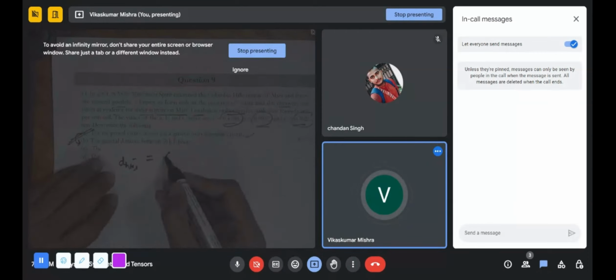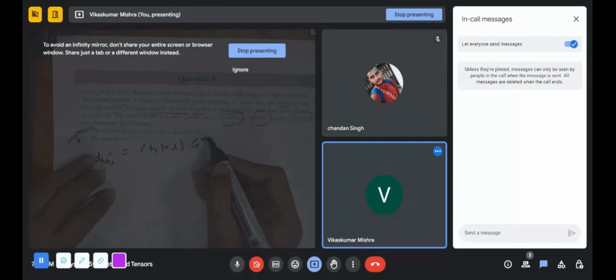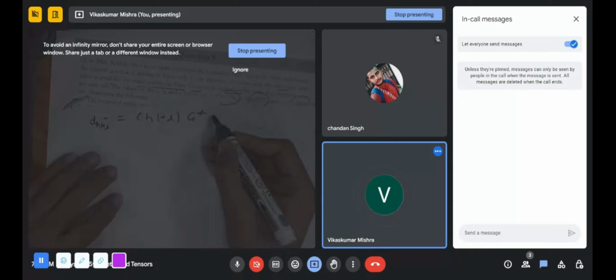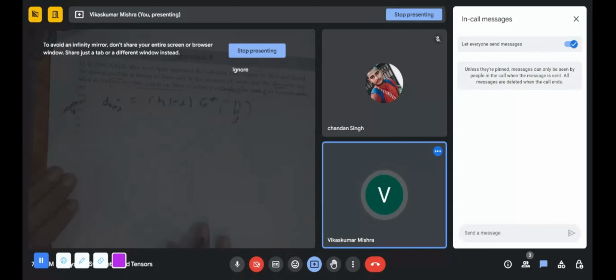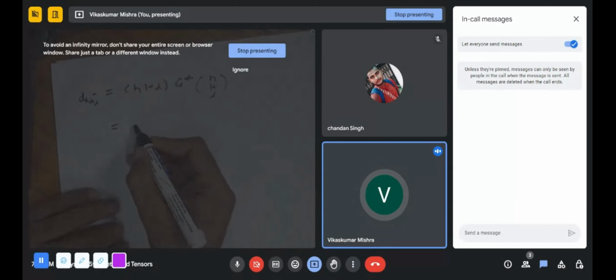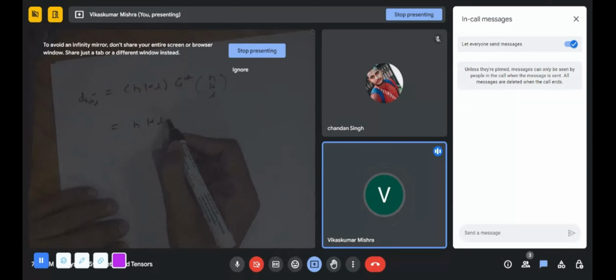So we can write H, K, L, the G star metric tensor, and then H, K and L in a similar manner. This is very simple. We just found the G star.